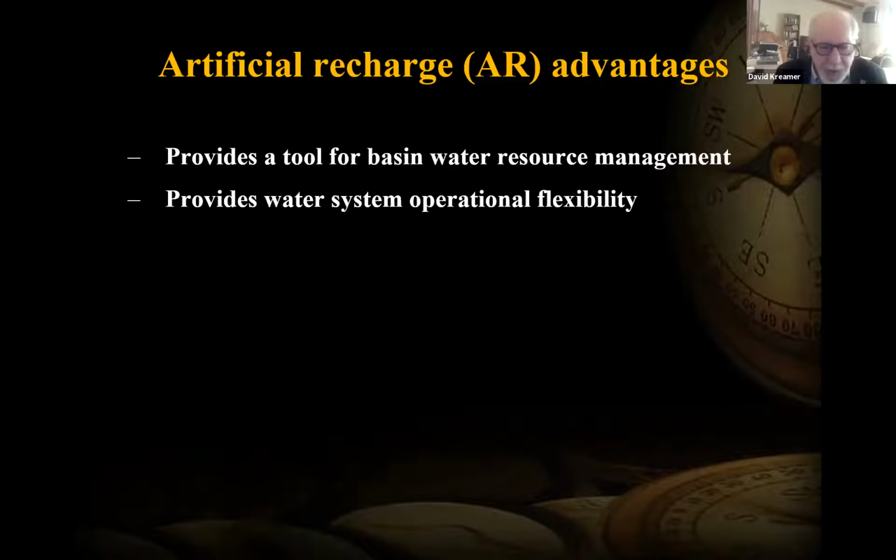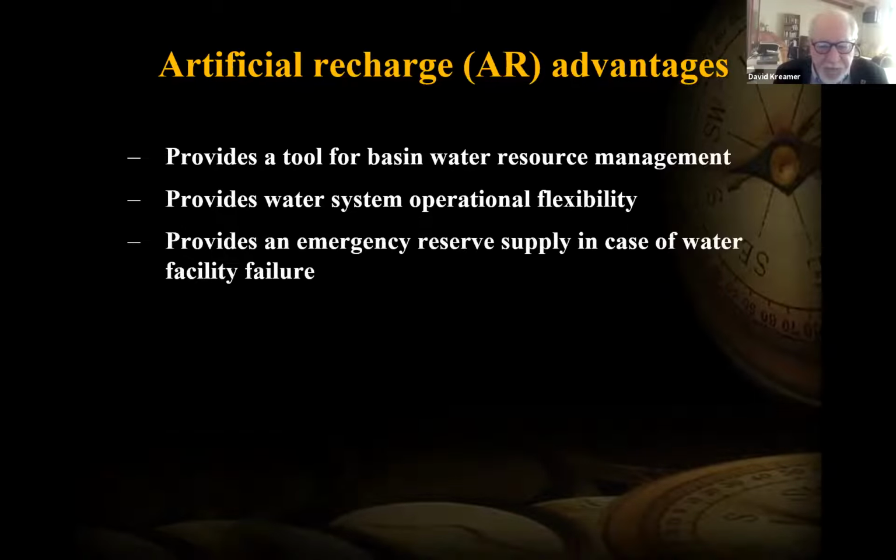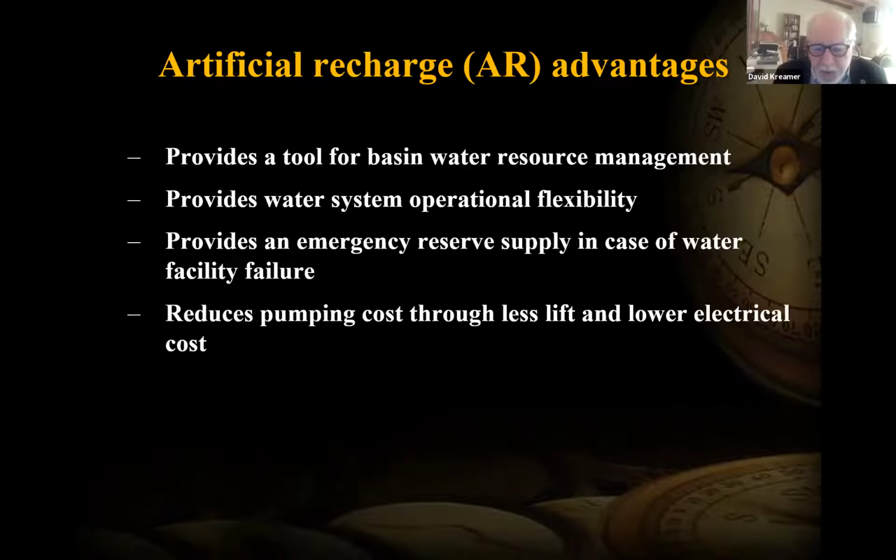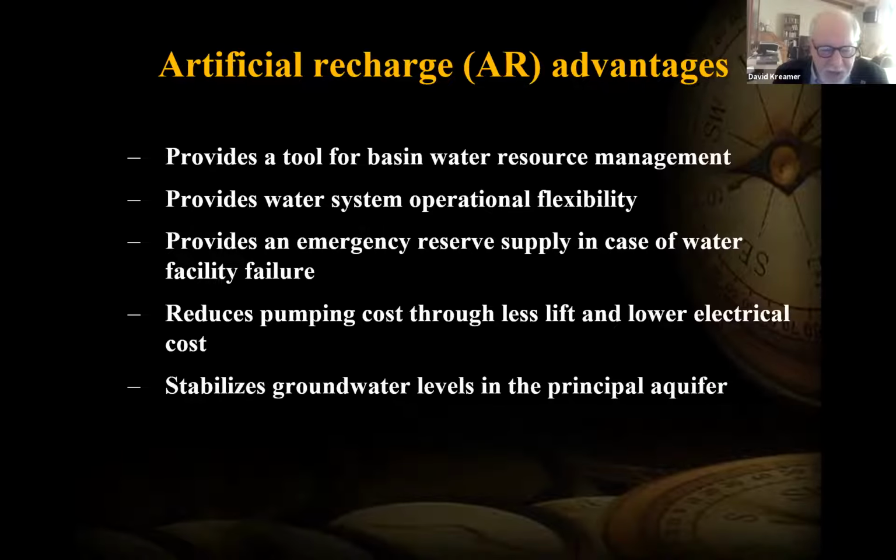It's water underground, and you can provide an emergency reserve in case of water facility failure. It reduces pumping costs through less lift, because the water table is higher. It's not as deep to go for water, and so it also reduces electrical costs, and it more or less stabilizes the groundwater levels in the principal aquifer.